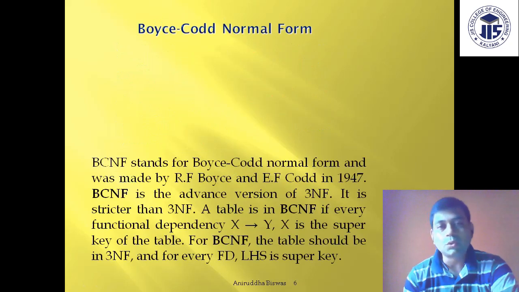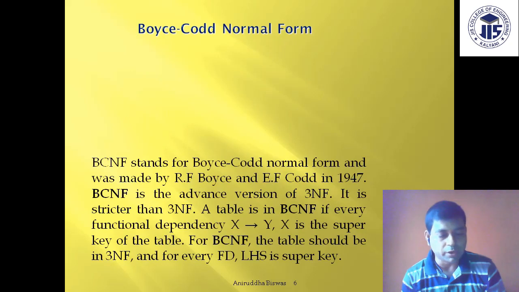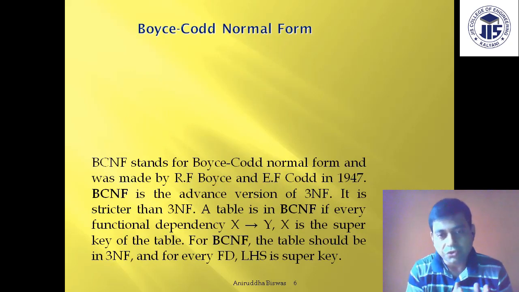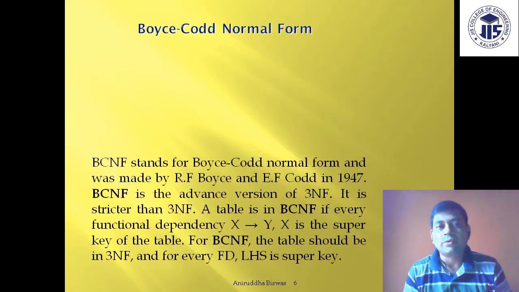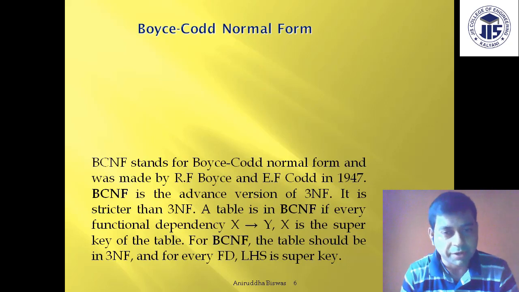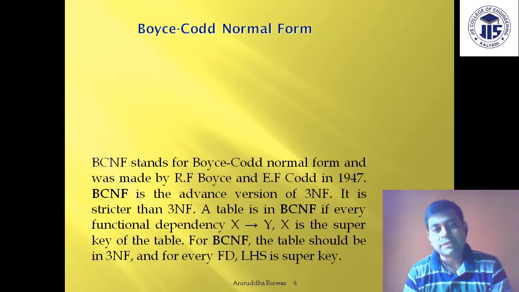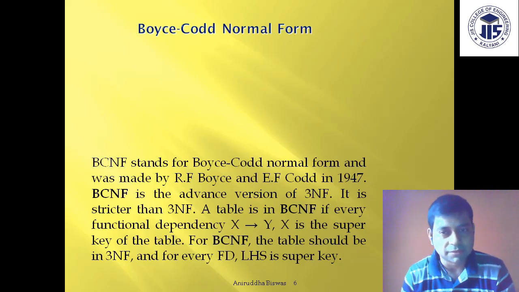Now we need to know the Boyce-Codd normal form. Immediately after we come to know about 3NF, we need to understand what BCNF is, right? BCNF stands for Boyce-Codd normal form, that all of us know.